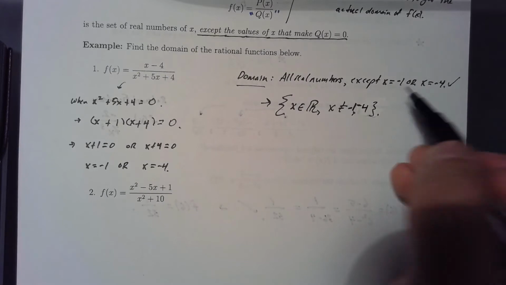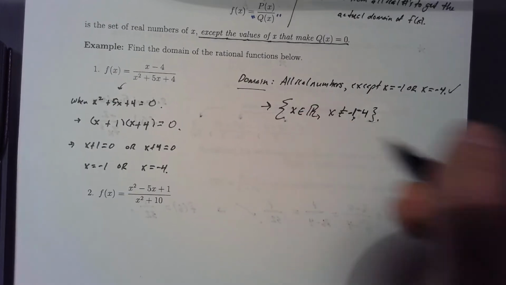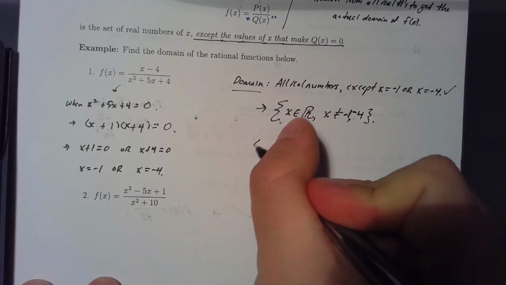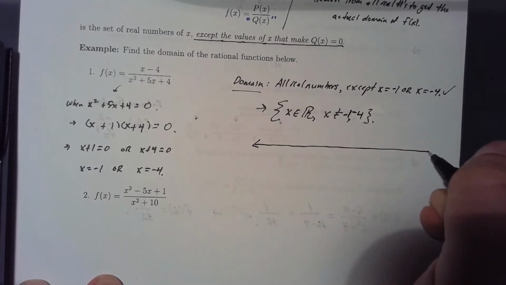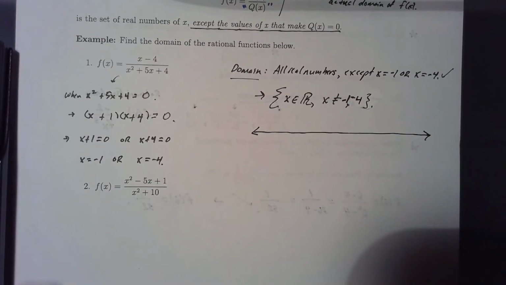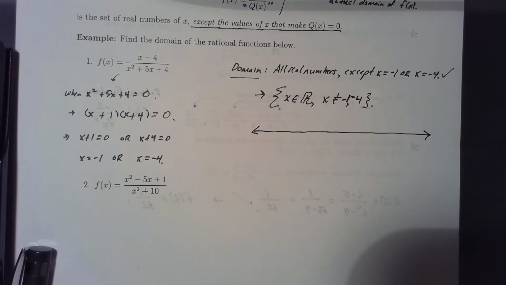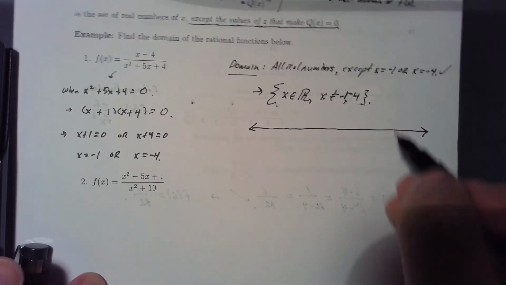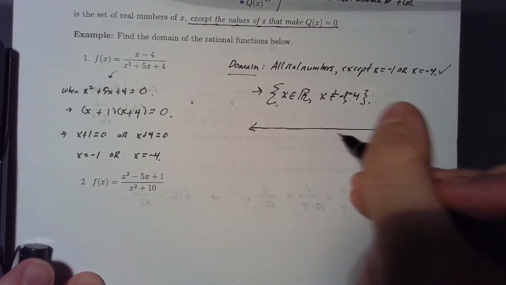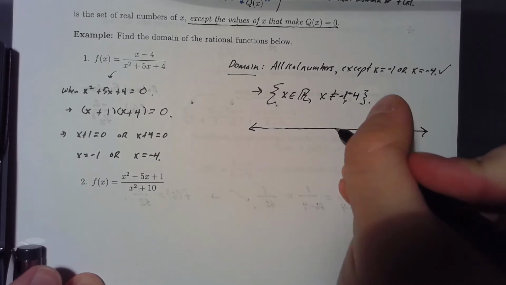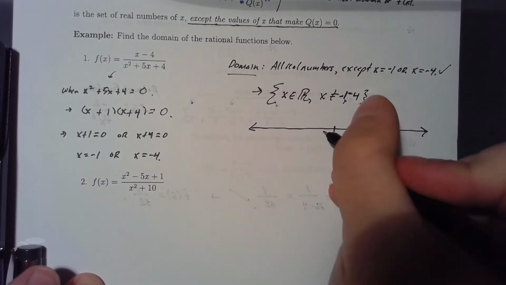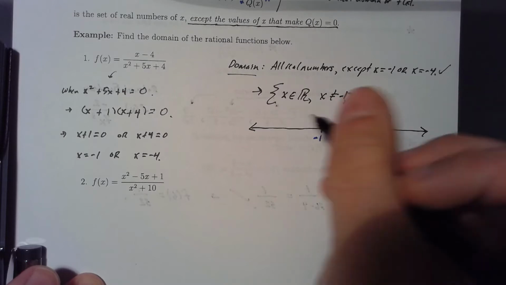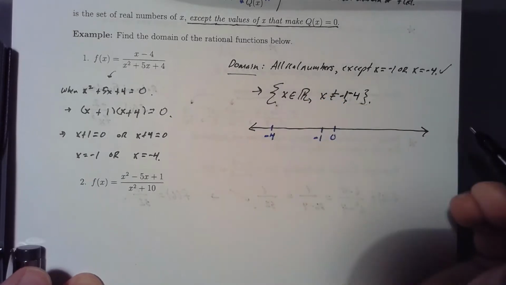If you want to do this with interval notation, so if I want to illustrate that on the number line, I'll put these bad points on here. So there's 0, negative 1, negative 4.